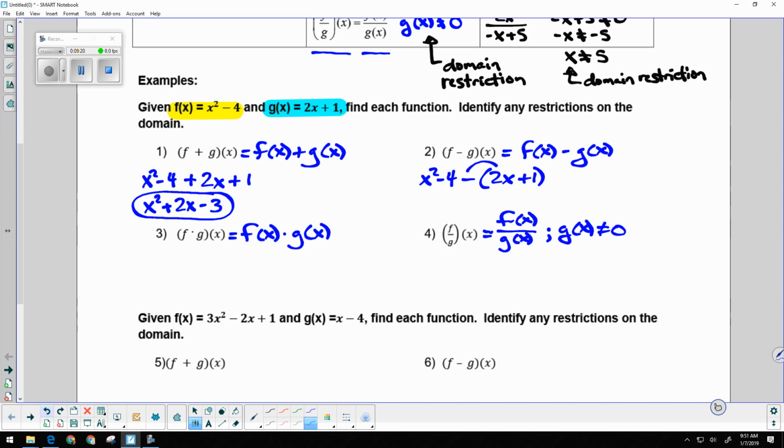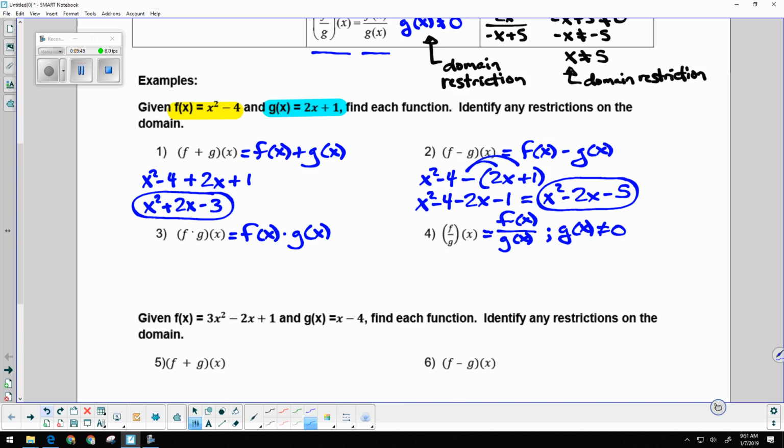Okay, so this minus sign here and there. So the result of that, I would have x squared minus 4 minus 2x minus 1. And when I combine my like terms, x squared minus 2x, and then negative 4 minus 1 is negative 5. That would be my answer to number 2.